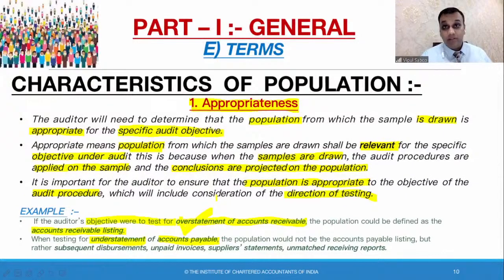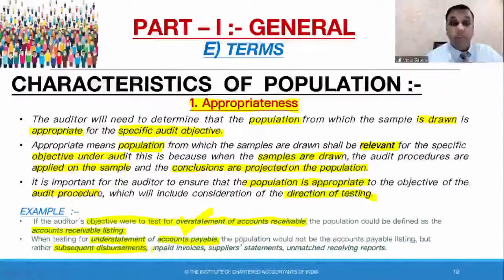So in this case, take care. In the case of overstatement of accounts receivable, I check the accounts receivable listing. But in the case of understatement of accounts payable, my population would not be accounts payable. My population would be disbursements, payments made to them. If there are any unpaid invoices, I'll check for them.